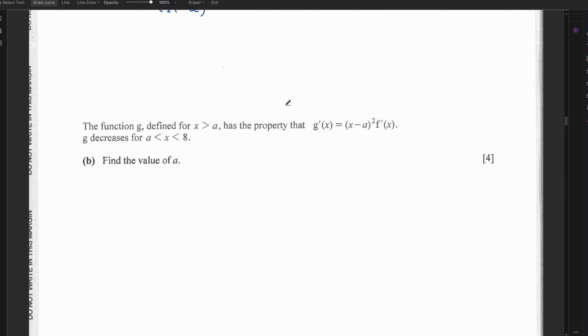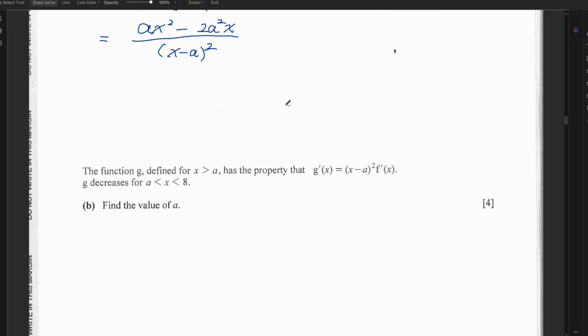The function g defined for x greater than a has the property that g prime x equals this, and g decreases for x between a and 8. So this actually means for x between a and 8, your g prime x is smaller than 0.